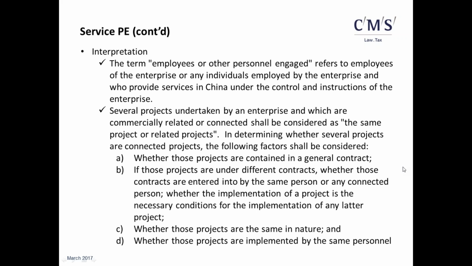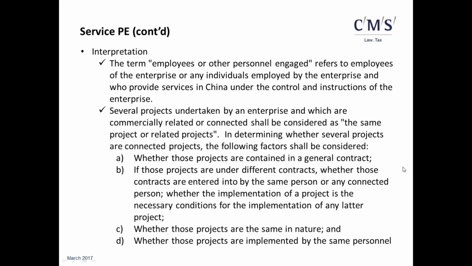Going back to my previous example, if the implementation of the advice should follow the first task of giving the advice, and giving the advice is the precondition for the implementation of such advice, then these two work tasks, even if they are covered under separate contracts, should still be considered as the same or connected projects for accounting purposes.